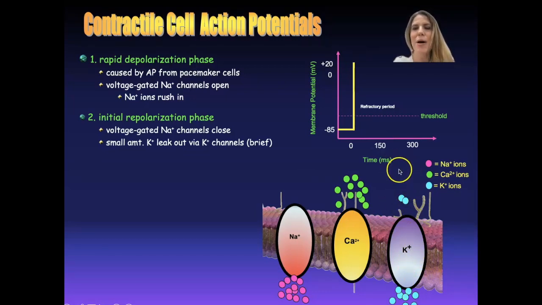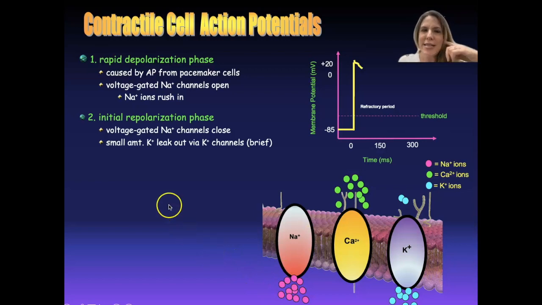So you're losing some positive charge, and therefore the graph is going to slightly decrease down to 0. Again, the potassium channel here is still closed, but potassium channels are leaky channels. That means it's closed, but not tightly closed. There are still leaks and the potassium still gets out. So that's the second phase, the initial repolarization phase.